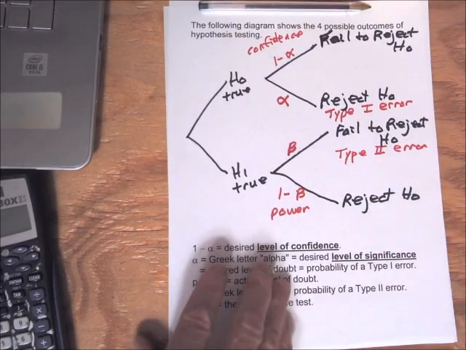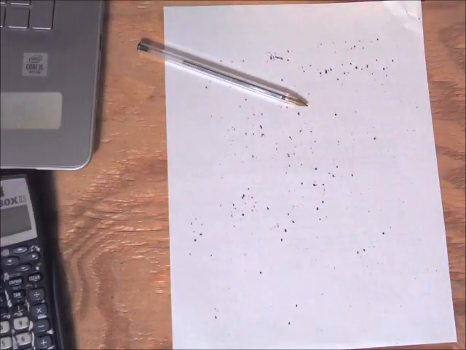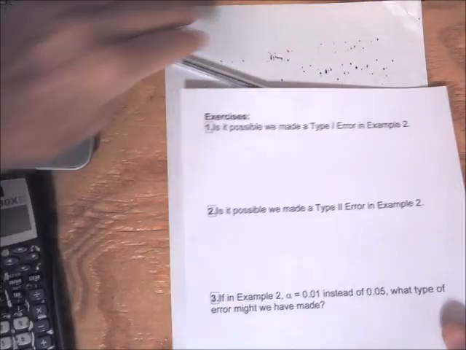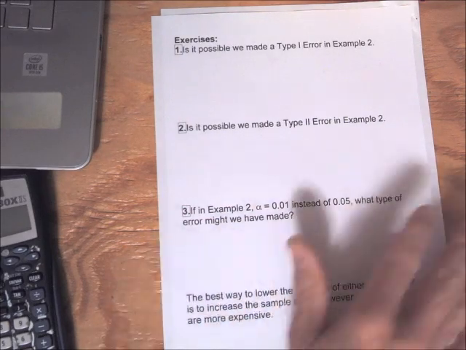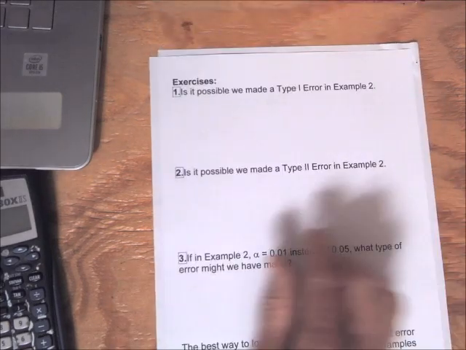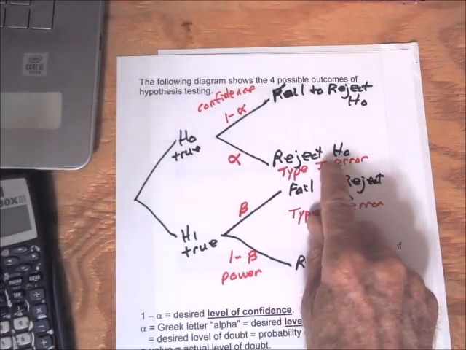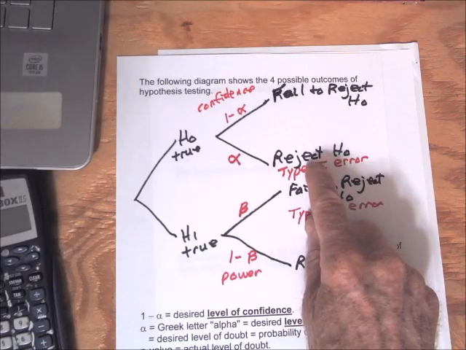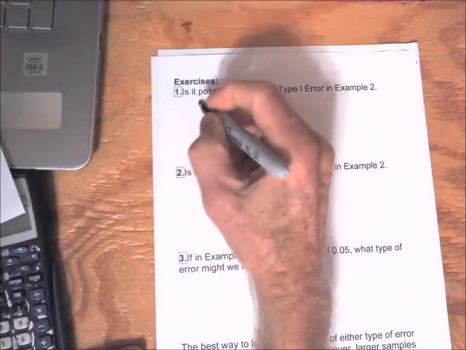Okay, so some exercises on this. Is it possible we made a type 1 error in example 2? So in example 2, we rejected H0. If you reject H0, you always take a chance of a type 1 error. So yes, because we rejected H0.